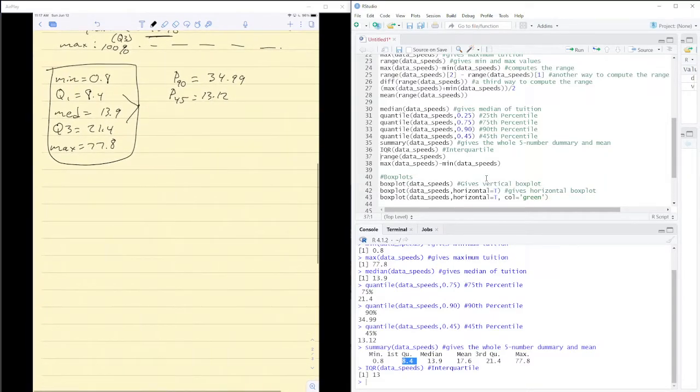So we have an axis here that we can label. We're going from 0.8 to 77.8. So we're going to have to label the axis accordingly.